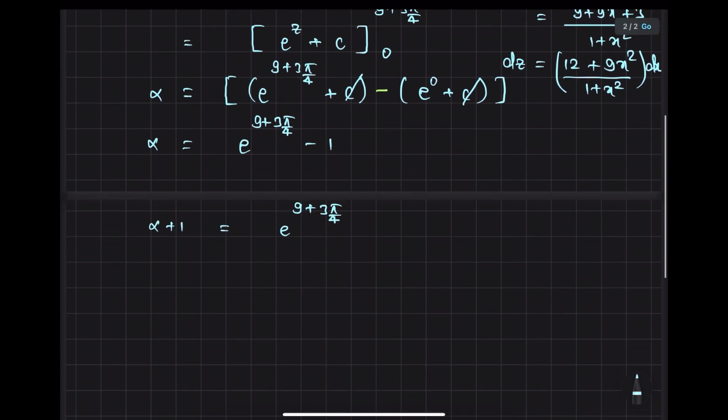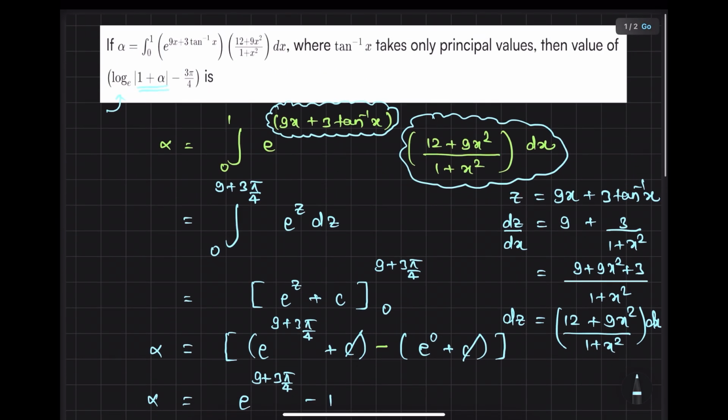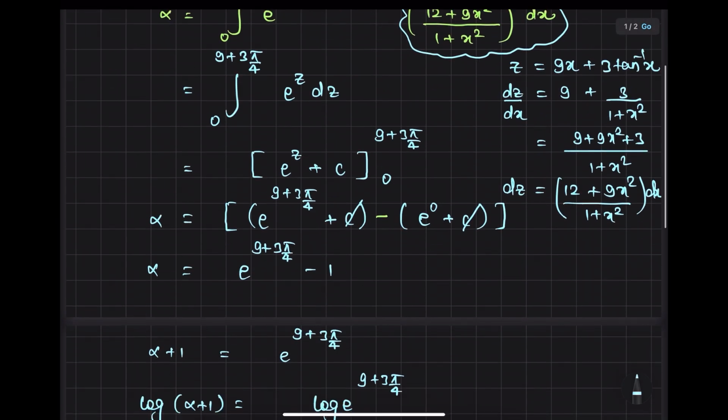So can I take log on both sides? So if we take log on both sides, it will become log of (alpha plus 1) is equal to log of e power (9 plus 3 pi by 4). And what is the base of the log? Base of the log is e.